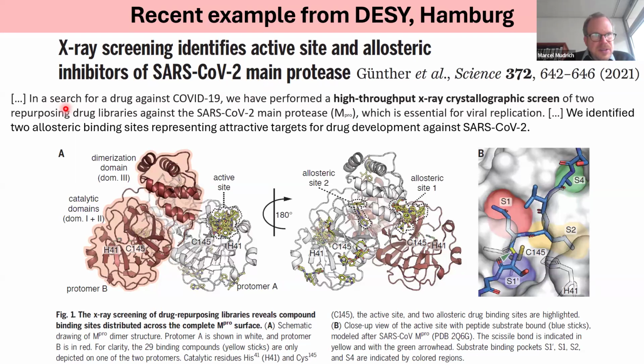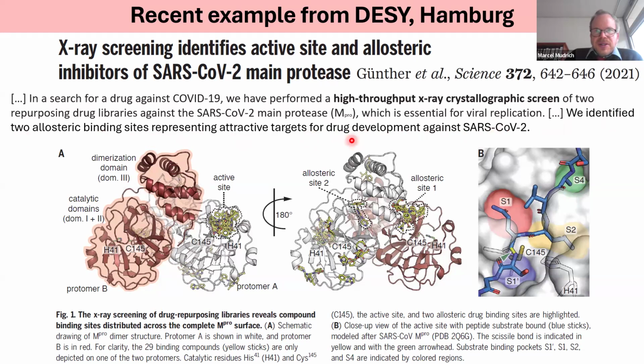And I think it says, in a search for a drug against COVID, we have performed a high throughput X-ray crystallographic screen of 2 repurposing drug libraries. So the full libraries of drugs have been screened. We identified 2 allosteric binding sites that represent attractive targets for drug development.